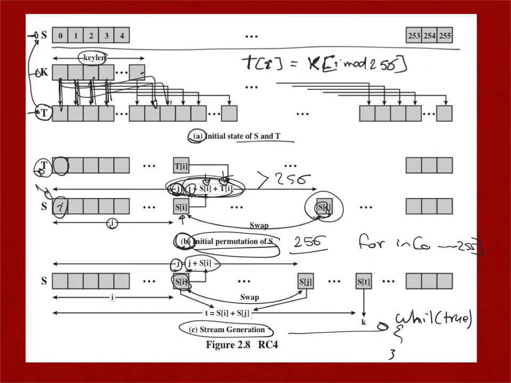And then the generated value here becomes based on the t, which is si plus sj. So you have the value of I, which increments. You have the value of j, which is j plus si. After you swap, you take the two values, you sum them together, and then you get the S of t, which now is the generated byte.